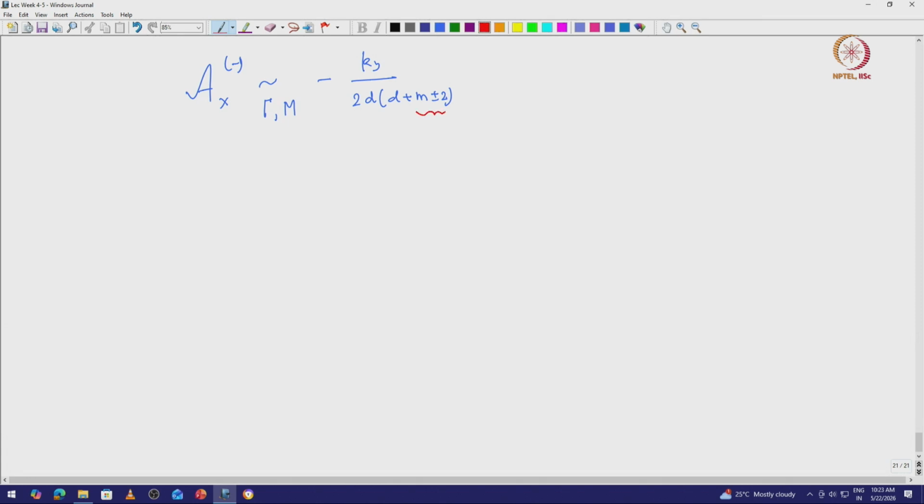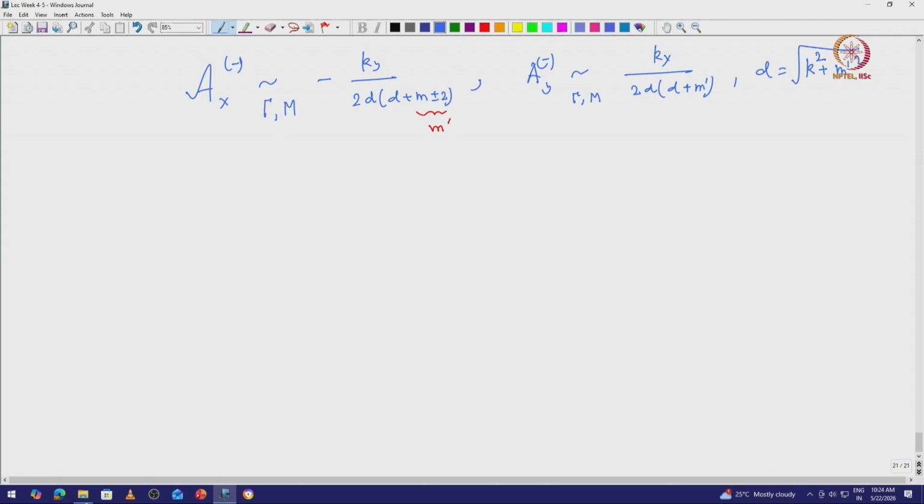So let's define this quantity as m prime, and then ay will be, again around the M point, kx divided by 2d, d plus m prime, where d is equal to, now dA1 square is kx square, d2 square is ky square, so it becomes the square root of kx square plus m prime square.